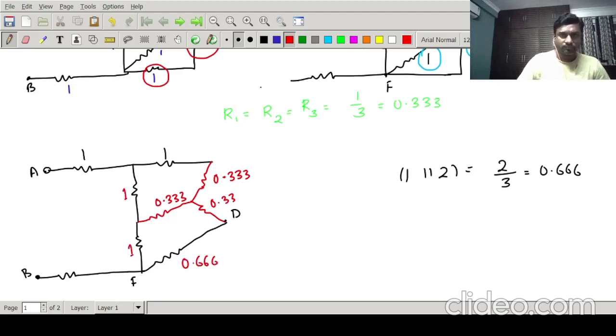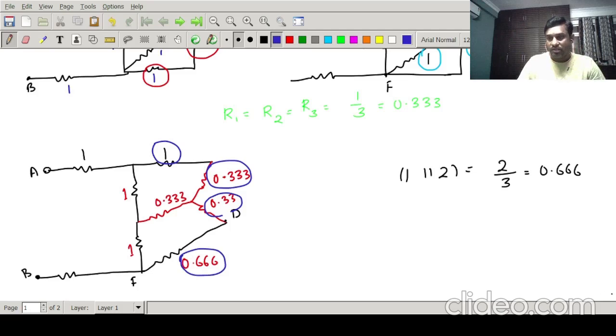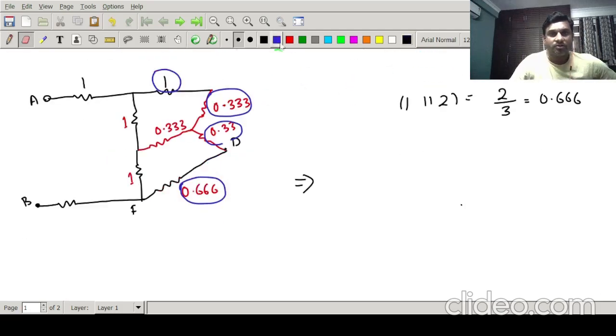Now it is very clear that this 1 and this 0.33 are in series, and this 0.33 and this 0.66 are in series. So if we redraw it, you can redraw the circuit like this.